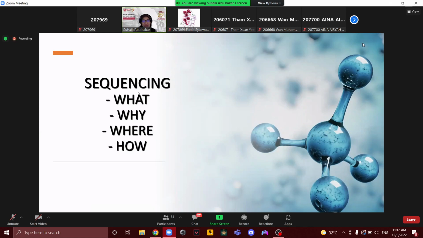Because we want to know the order, the arrangement of the nucleotides, and then after that we can do further investigation. Either you want to replace the gene, for example, after you know the full sequence, where is the location of the mutation? Can we replace, for example? Sequencing means we want to read the full order, the full arrangement.